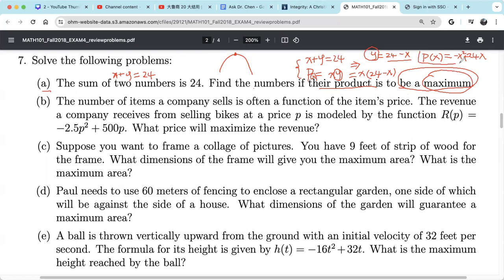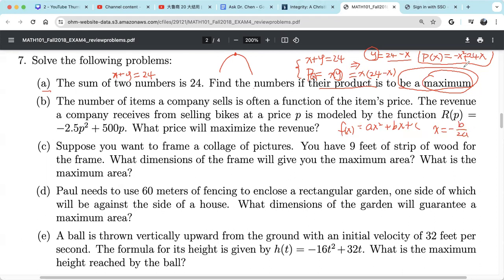P of x equals negative x squared plus 24x. This is in the standard form. Remember, standard form is ax squared plus bx plus c. If the function is written in this form, the x value of the vertex is negative b over 2a.